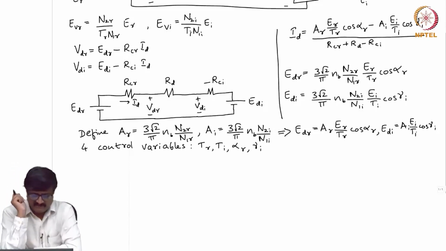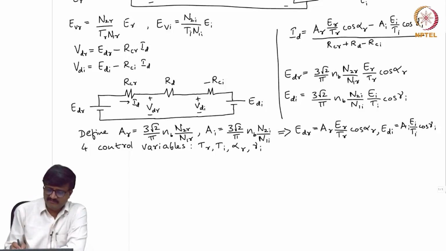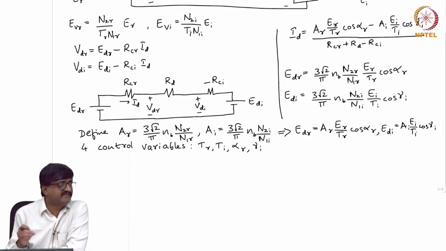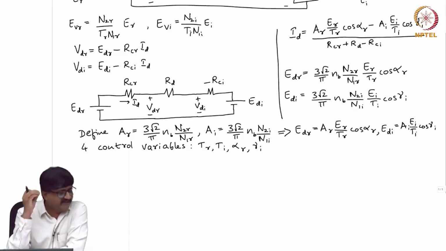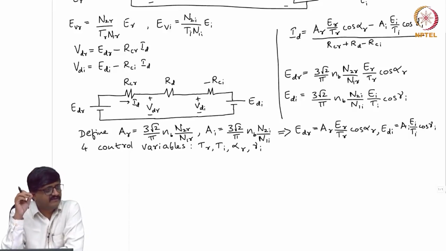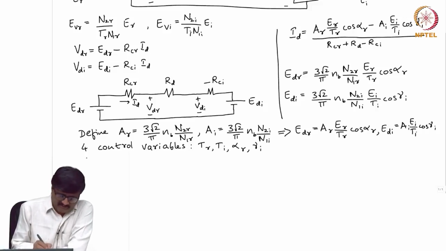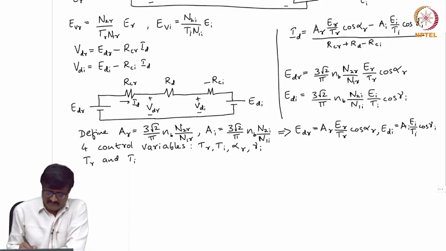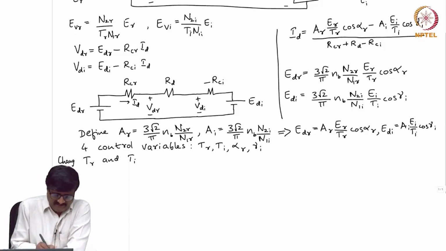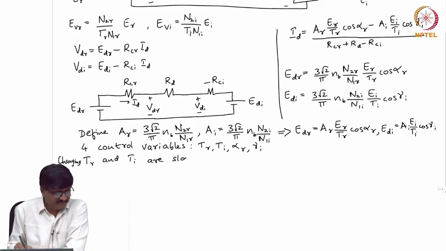So, among the 4 control variables, 2 control variables are slow. It takes time to change the 2 control variables TR and TI, because they are based on tap changing transformer control and mechanical switches. So, changing TR or TI are slow controls.